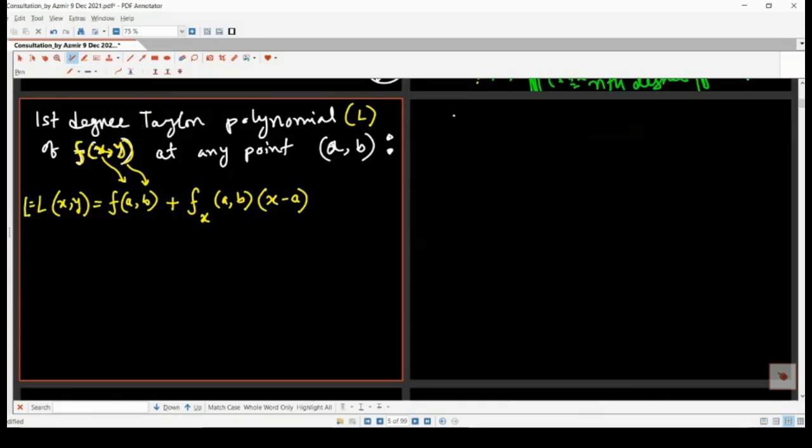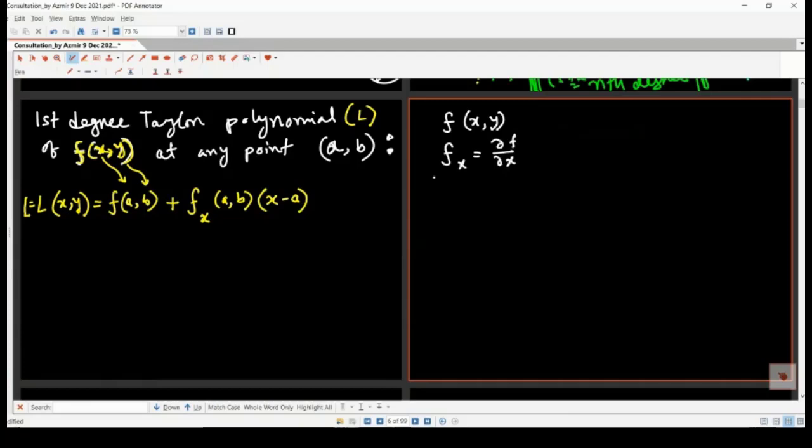You have to remember that if f is a function of several variables, that is two variables, f sub x will be the partial derivative of f with respect to x. That means we are differentiating f in terms of x. Partial differentiation will be done here since the function is of several variables. So whenever we are differentiating in terms of x, remember at that time the other variable will be constant. So y will be constant.